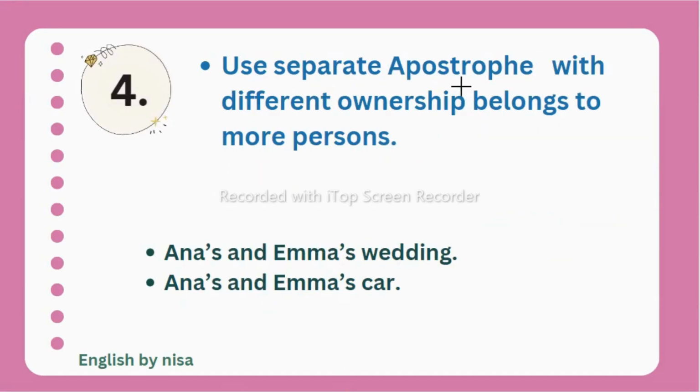Use separate apostrophes with different ownership. Just now in rule number 3 we saw joint ownership, where we were making the final name possessive. But here we have different ownership, meaning different things belong to different persons. Like Anna's and Emma's weddings. Anna's wedding is there and Emma's wedding is also there.